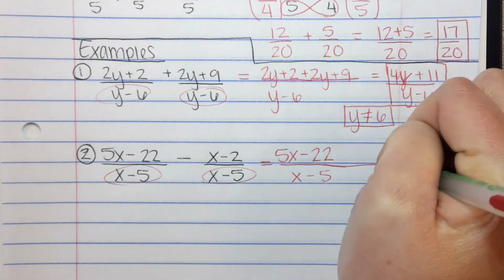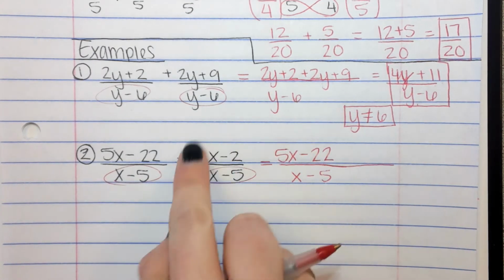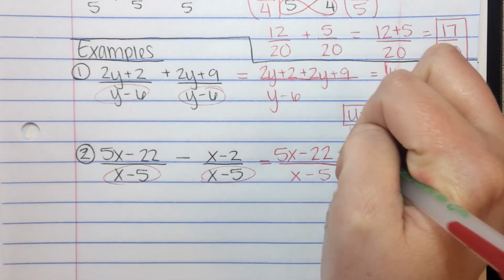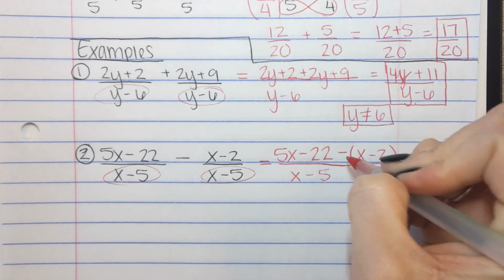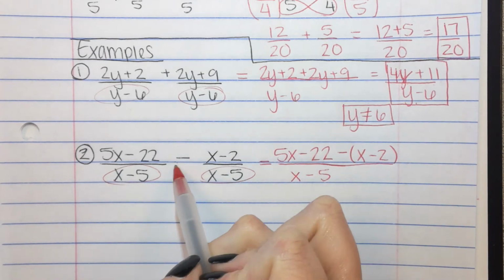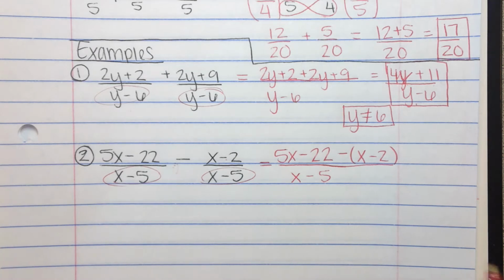Now, here's something that's tricky. When you're subtracting, we're subtracting this entire quantity. So there's a couple different ways you can do that. You can do minus parentheses, x minus 2, or you can go ahead and distribute that negative and then write it down. Or you can think minus x minus a negative 2, and that'll get you to the same place.